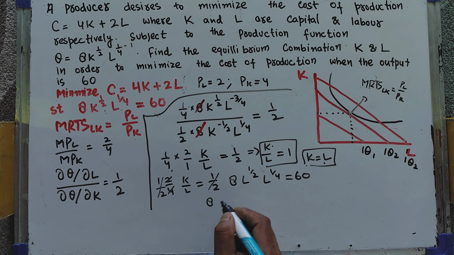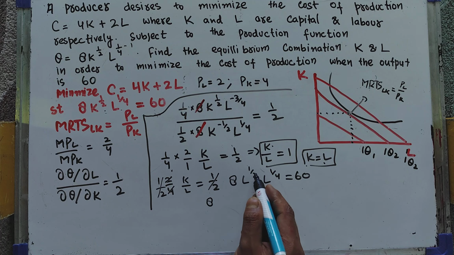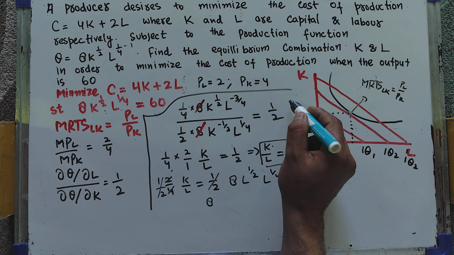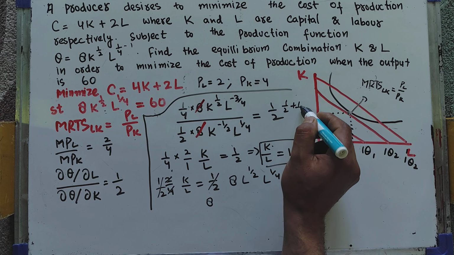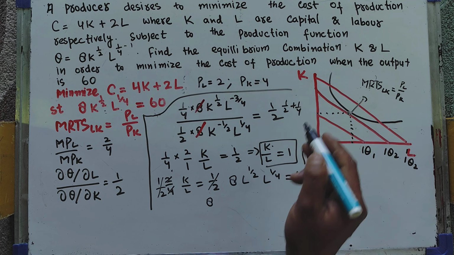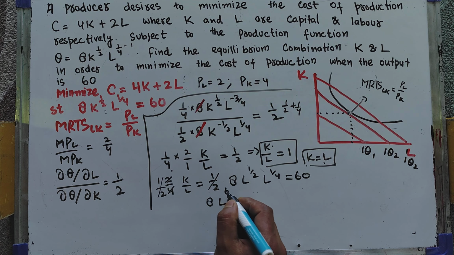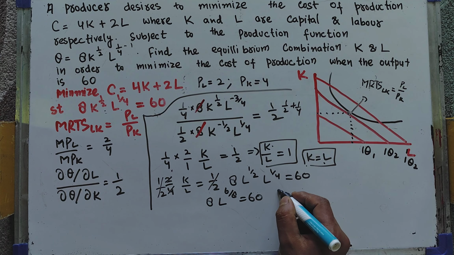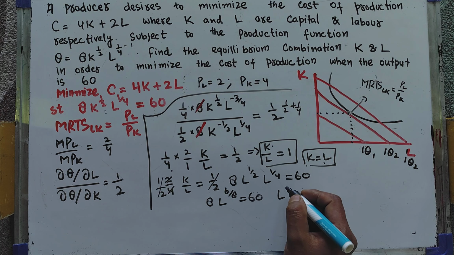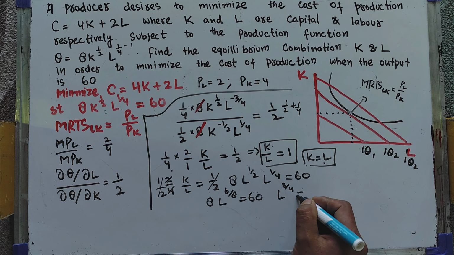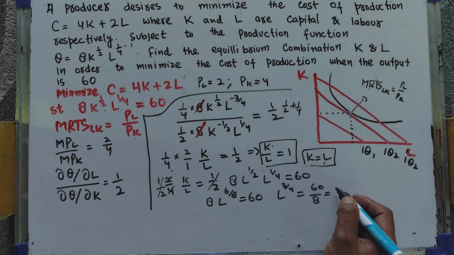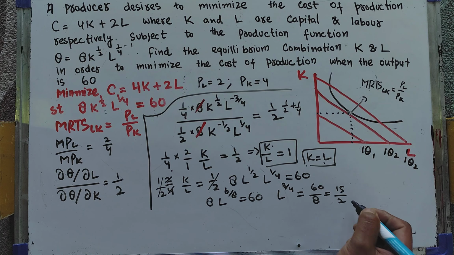Again we have 8, so 1 upon 2 plus 1 upon 4, so 3 upon 4, so it becomes L raised to the power 3 upon 4 is equal to 60 divided by 8, which is equal to 15 divided by 2.